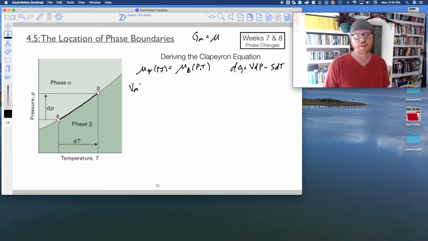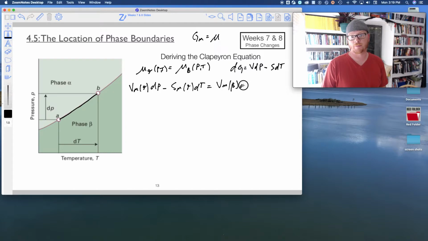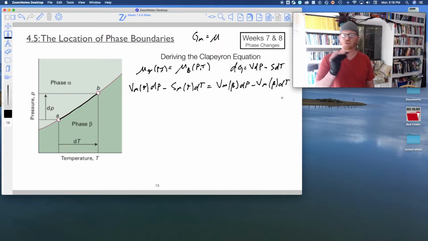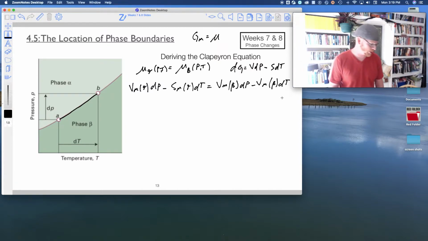So now if I look at the molar volume of phase alpha times dP, minus the molar entropy of phase alpha times dT, equals the molar volume of phase beta times dP, minus the molar entropy of phase beta times dT. So we just set those two things equal to each other, okay?